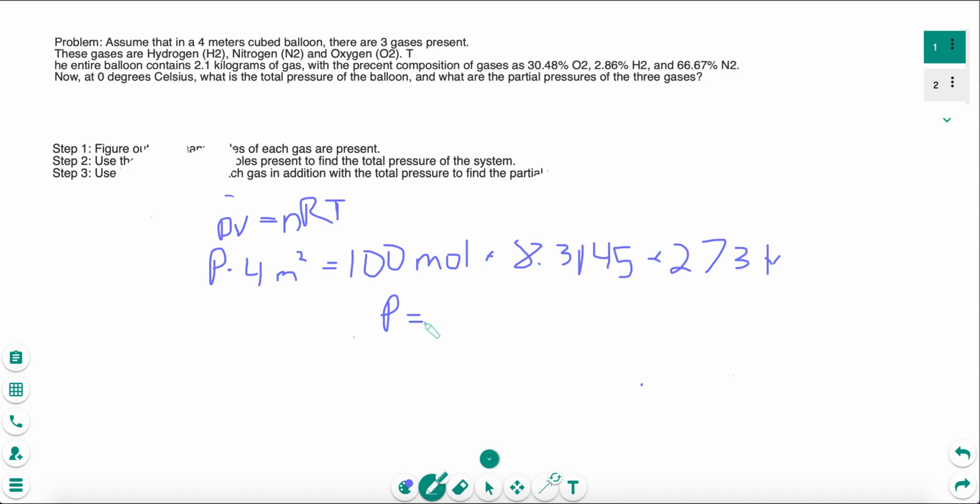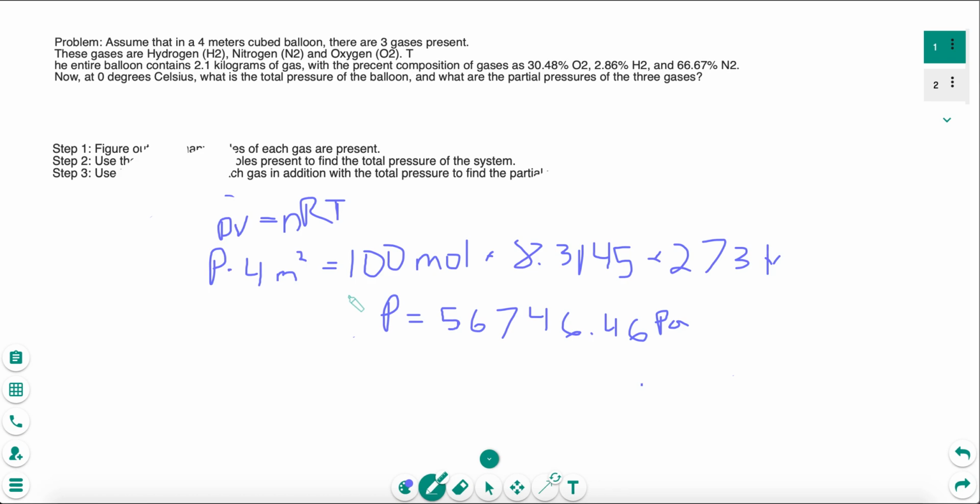So we have 100 times 8.3145 times 273. So this gives us 56,746.46 pascals. Now the unit is pascals because of the R that we used and the Kelvin and the moles, and since the volume is in meters cubed, the pressure is in pascals.